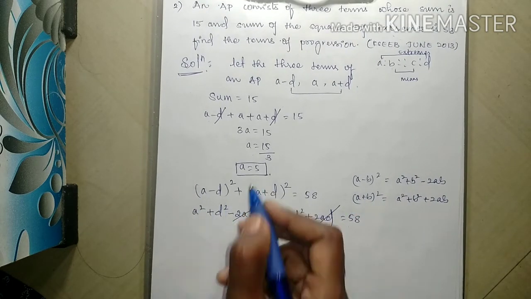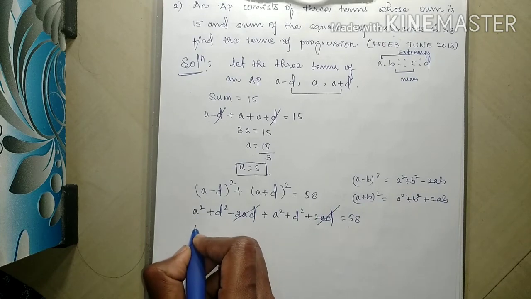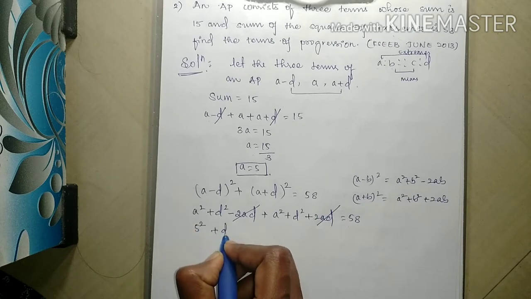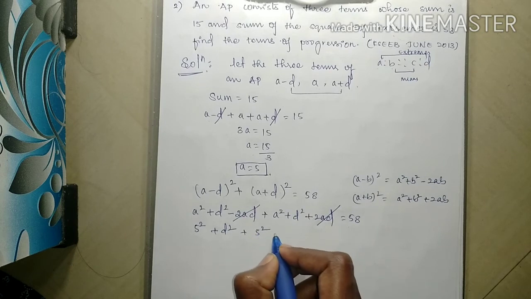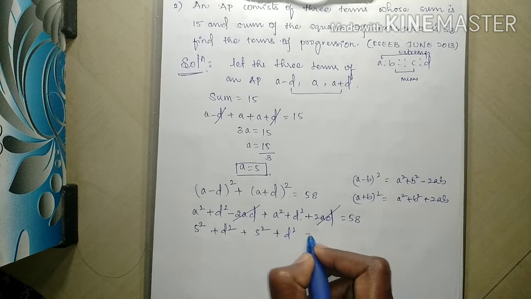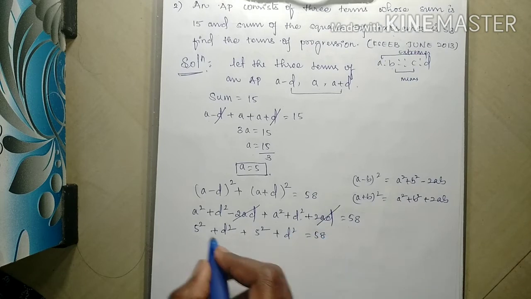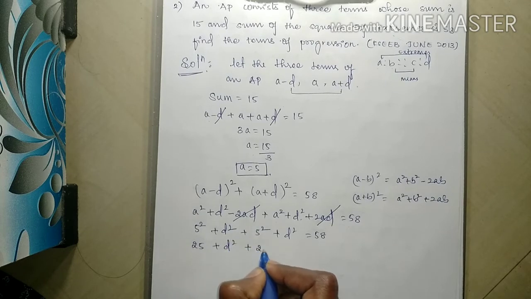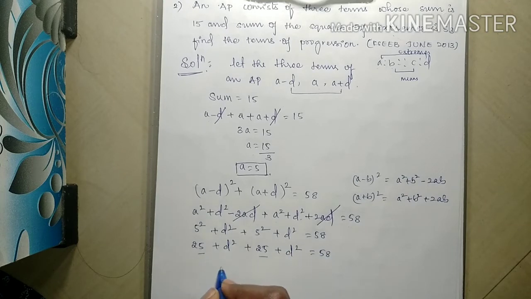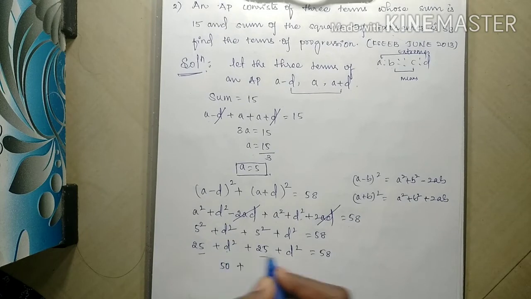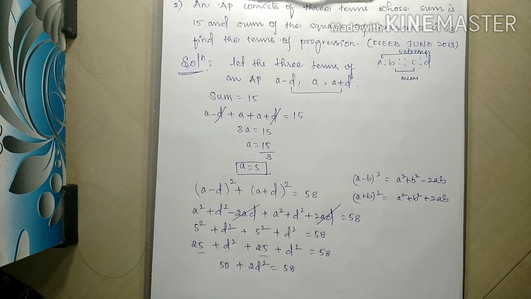A value we already know, let me substitute, that is 5 square plus D square plus 5 square plus D square, that is equal to 58. So 25 plus D square plus 25 plus D square is equal to 58. 25 plus 25 is 50, plus 2D square, is equal to 58.